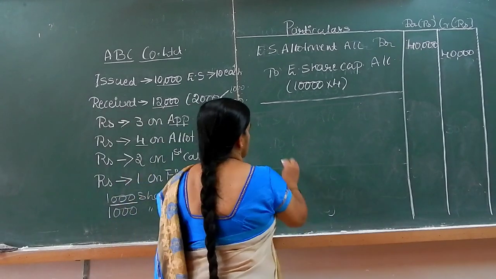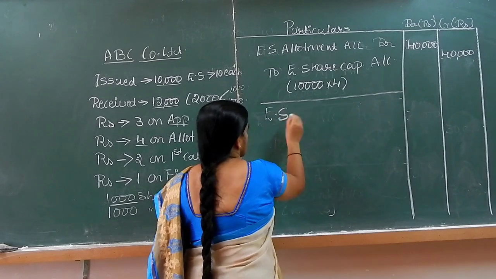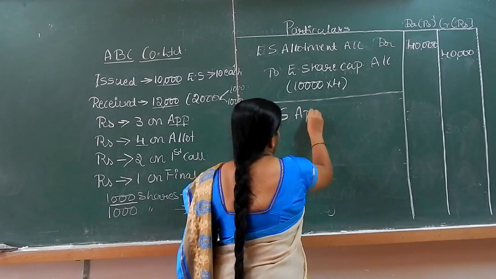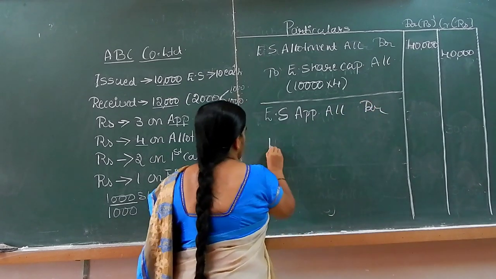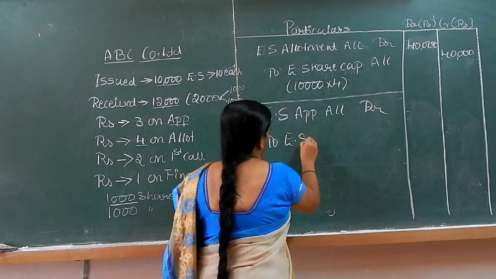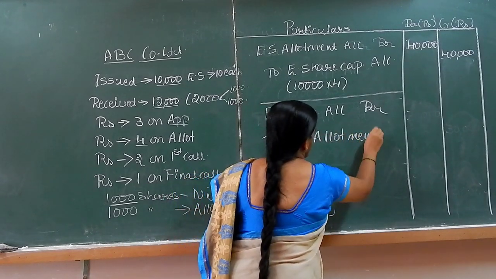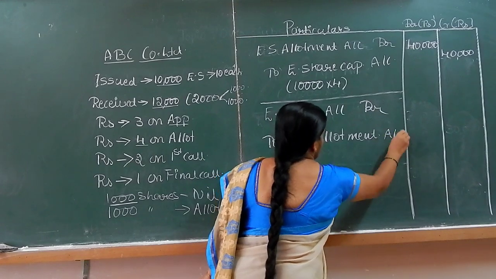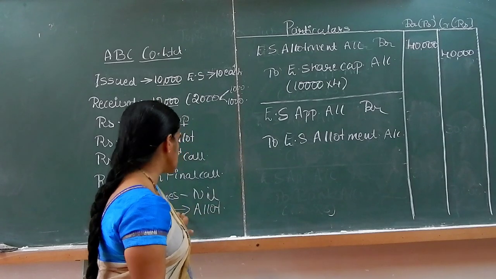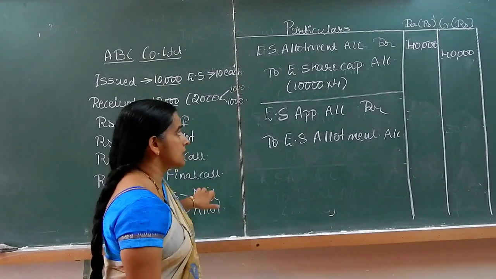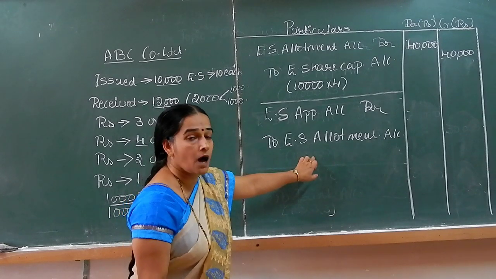That is equity share application account debtor to equity share allotment account. Why this entry will be made means the excess 1000 share application money is adjusted towards which stage? That is adjusted towards allotment.